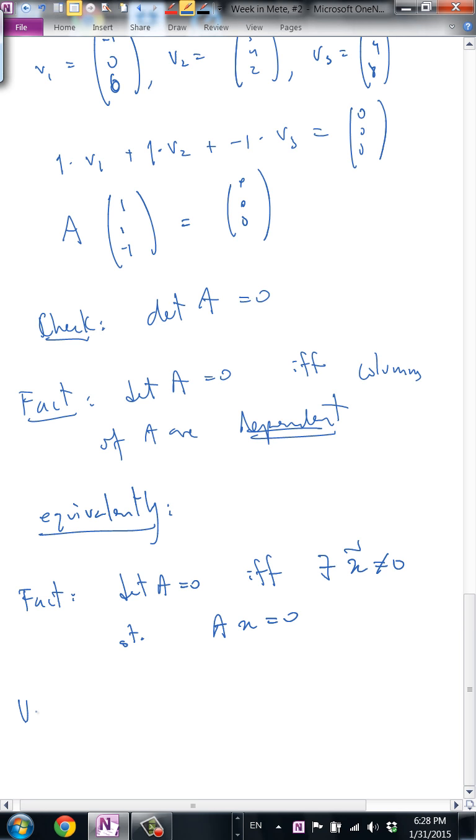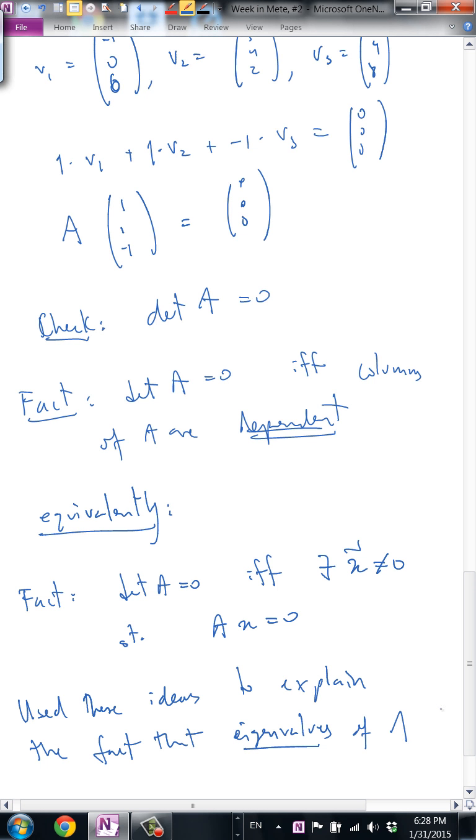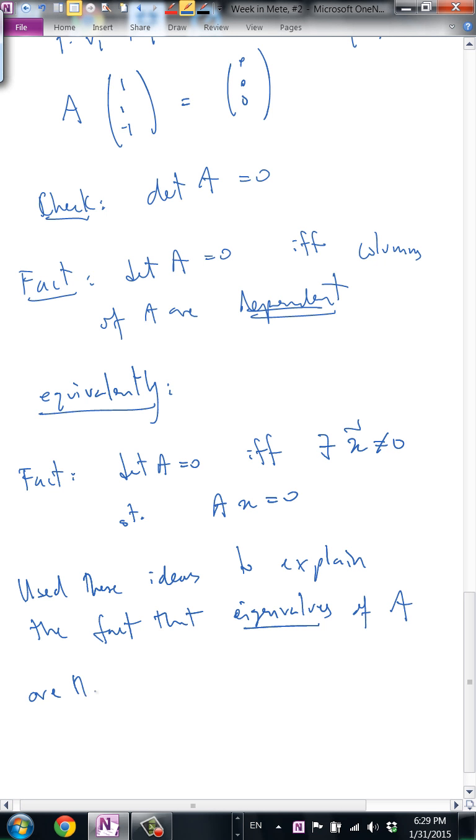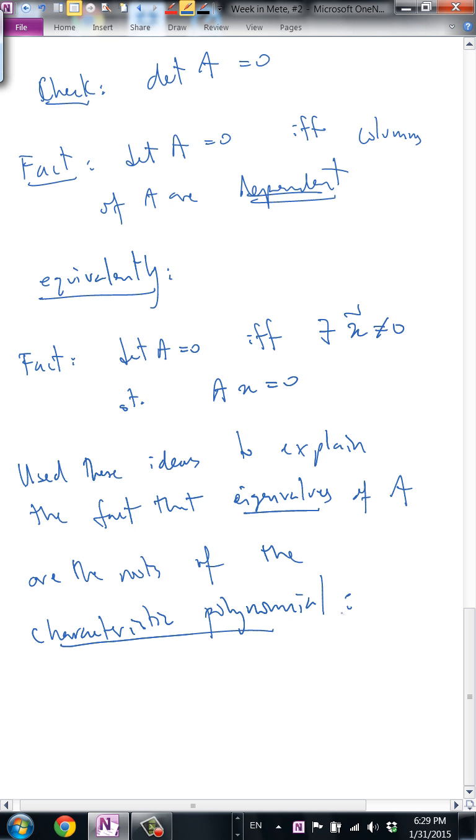So we use these ideas to explain the fact that the eigenvalues of a matrix A are given by the roots of the characteristic polynomial of A. And remember that the characteristic polynomial of a matrix is sometimes denoted by P sub A of lambda.